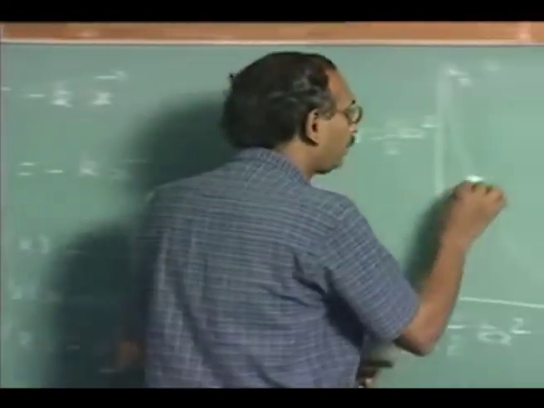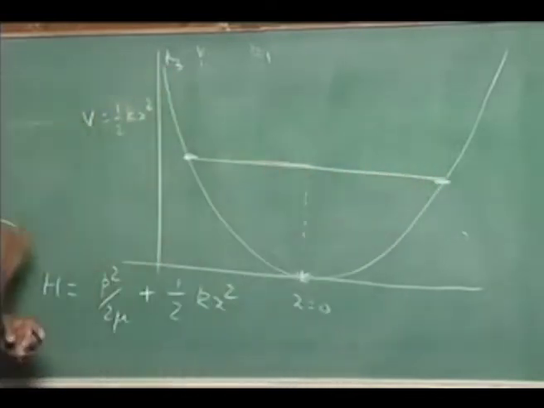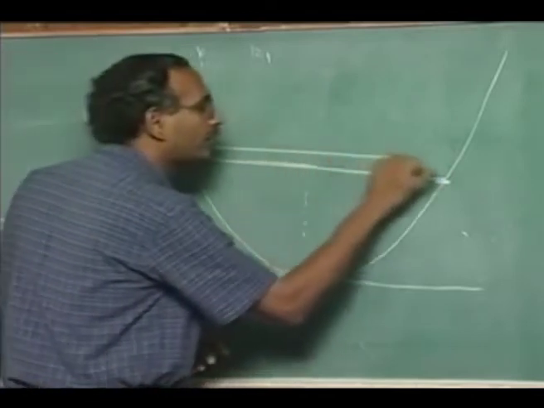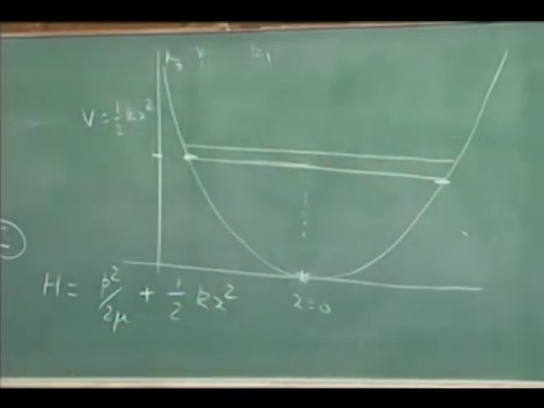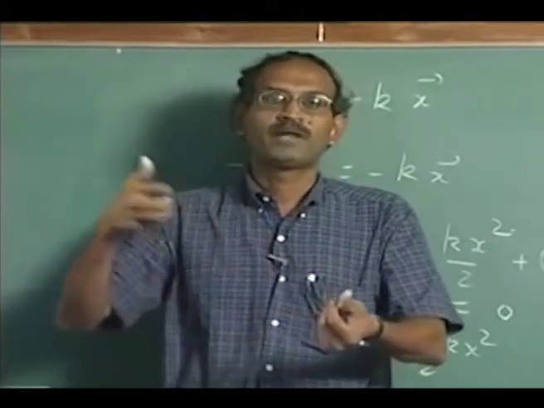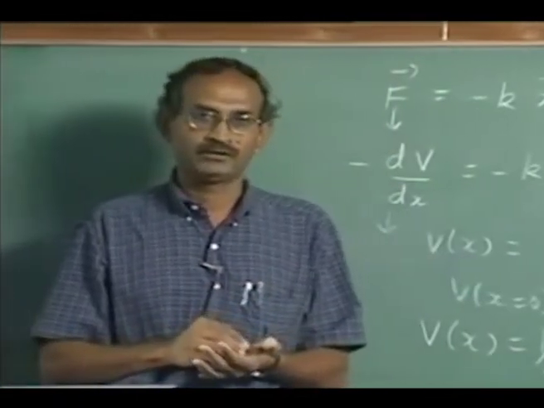The second important point is that the oscillator can have a constant energy like this, or the oscillator can have a constant energy like this. Classically any energy is possible depending on how large the maximum displacement is, assuming that things are harmonic.